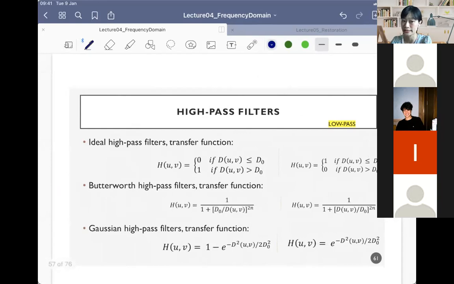So these are the conditions for a high pass filter. For example, within the cutoff frequency, the high pass filter becomes 0 because we don't want the low frequencies to pass through the filter, whereas it becomes 1 when the frequency is higher than the cutoff frequency.